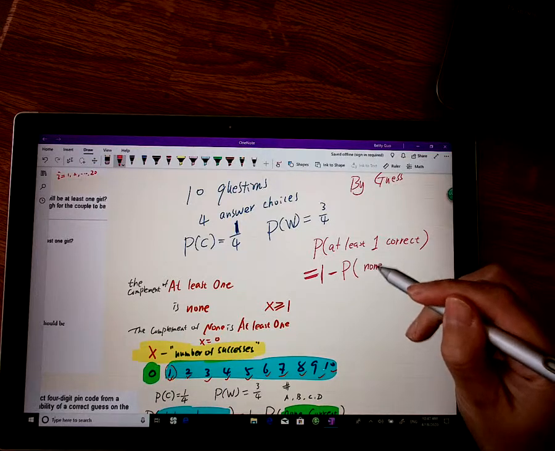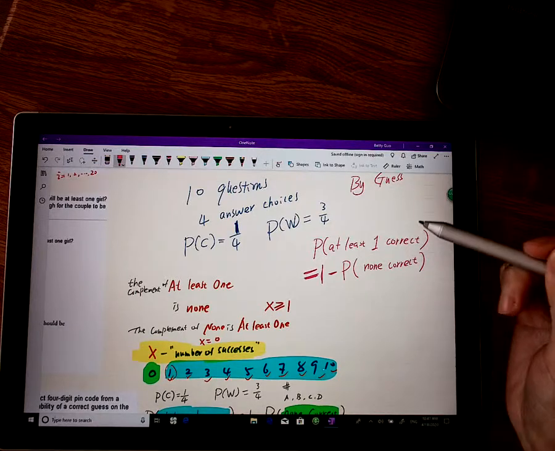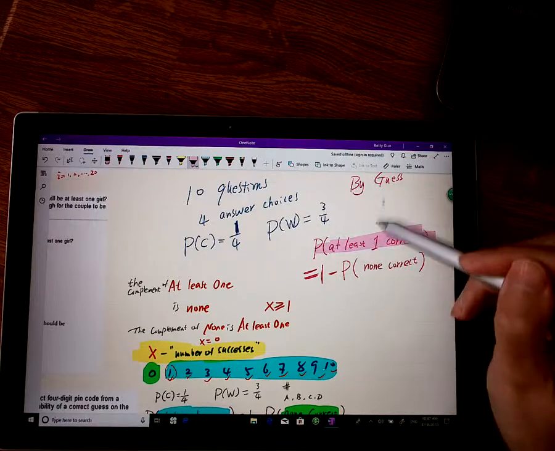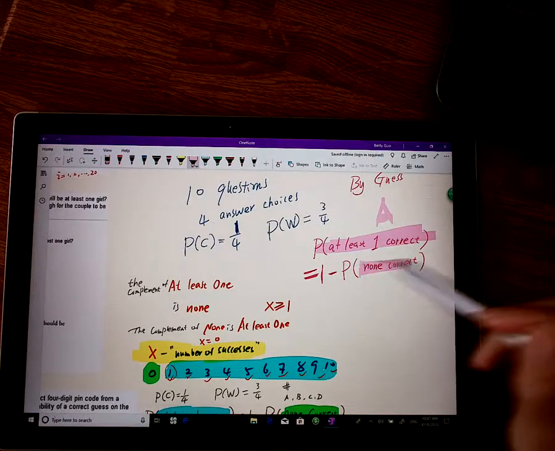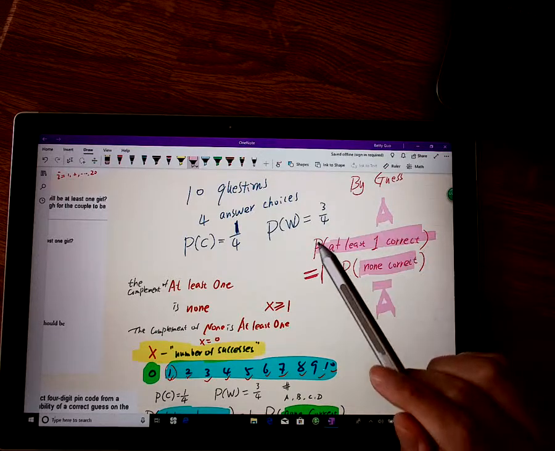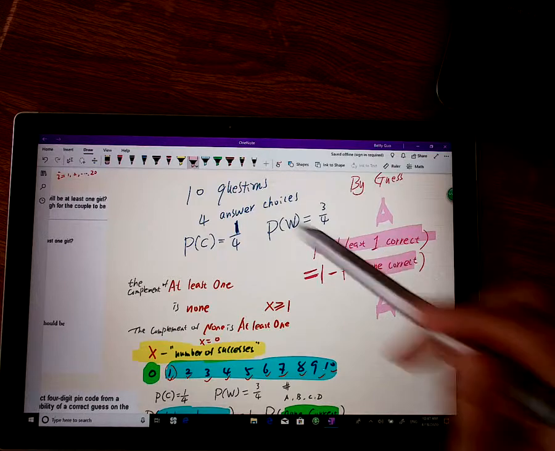Non-correct. Let's take time here. If this is A, this would be A bar. That's the reason the probability of A equals 1 minus the probability of A bar. We talked about this before, right?